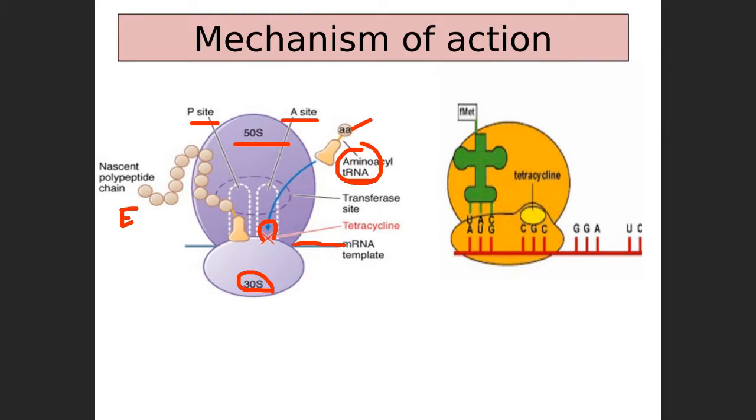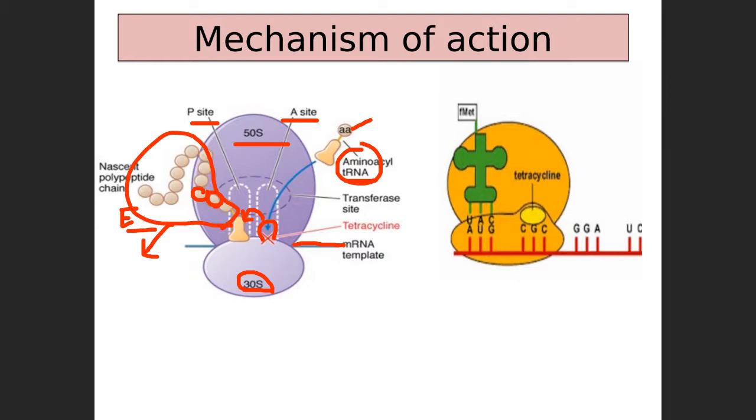From the A site it gets transferred to the P site, and again one more amino acid will attach, then again it will go to another site and an amino acid will attach. A group of amino acids leads to the formation of a protein, right? Finally it will go to the E site and exit from there. So that leads to the formation of a protein.